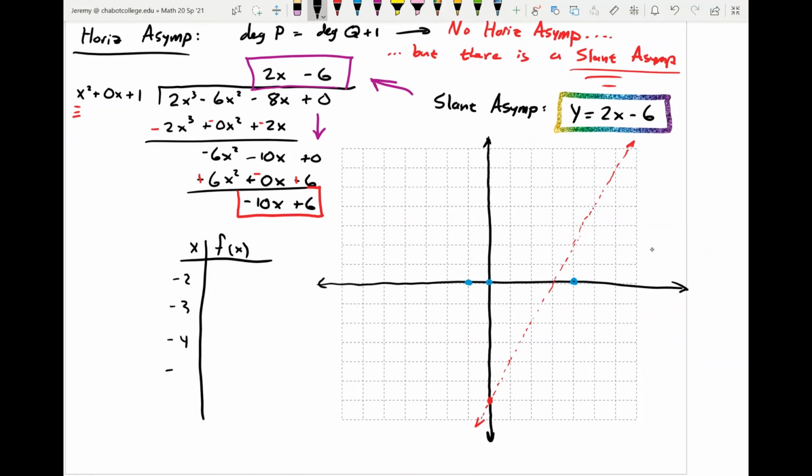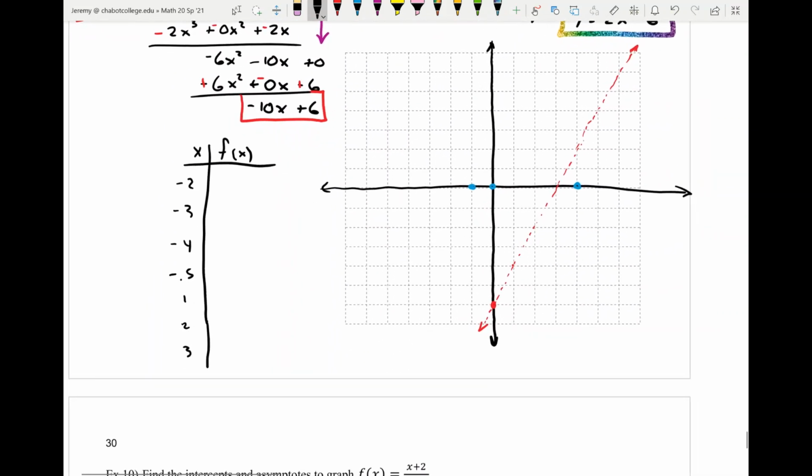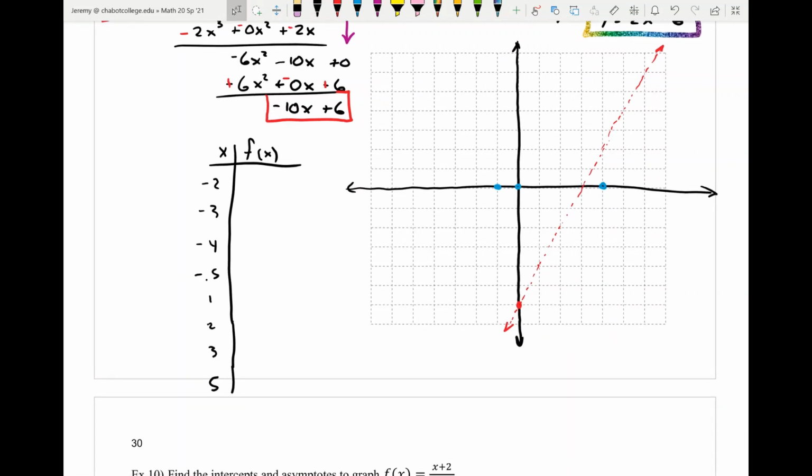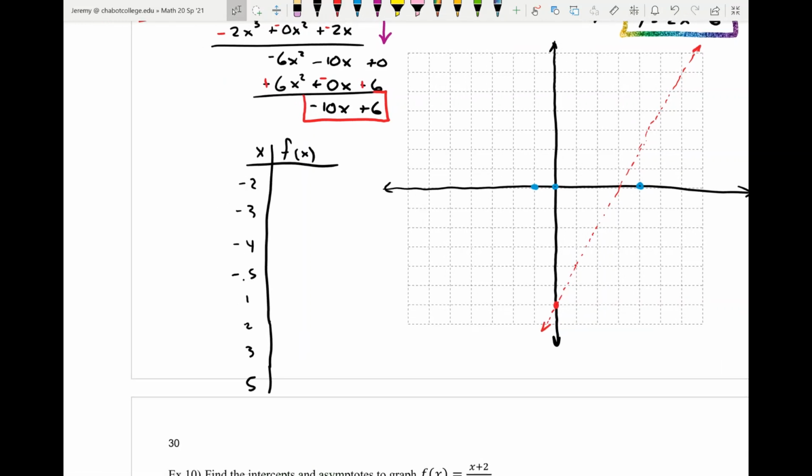I'll plug in -0.5 to see what's happening between the 0 at -1 and at 0. And then I'll plug in 1, 2, 3, and then on the right side of that last 0, maybe I'll plug in 5 and see what happens. So let's do this. I'll go to my calculator, and by the way, the way that I do this is I use the trace feature.